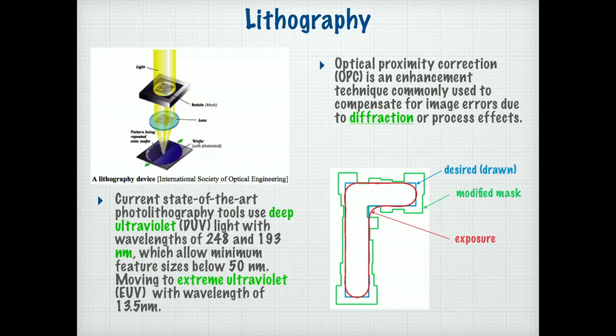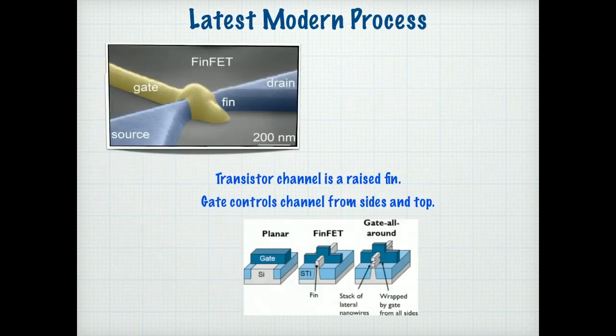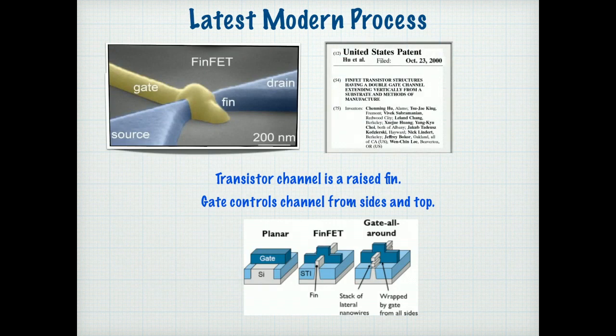It looks like we're in the process of going to extreme ultraviolet, which has a light source with 13.5 nanometer wavelength. Okay, so I need to mention the more modern process these days. There are still a lot of chips made using a planar process, but the high-speed digital chips, like in cell phones, laptops and servers, are now being made, and I think the FPGAs are being made, using transistors that are FinFETs.